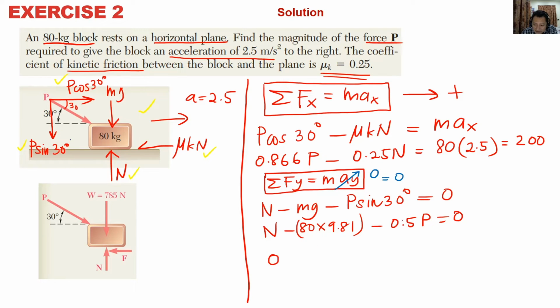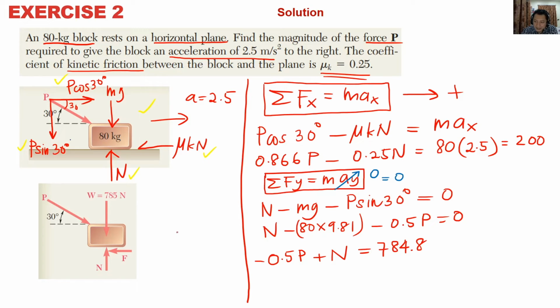When you bring everything to the right hand side, minus 0.5 P plus N is equal to 80 times 9.81, which is 784.8. So minus 0.5 P plus N is equal to 784.8.